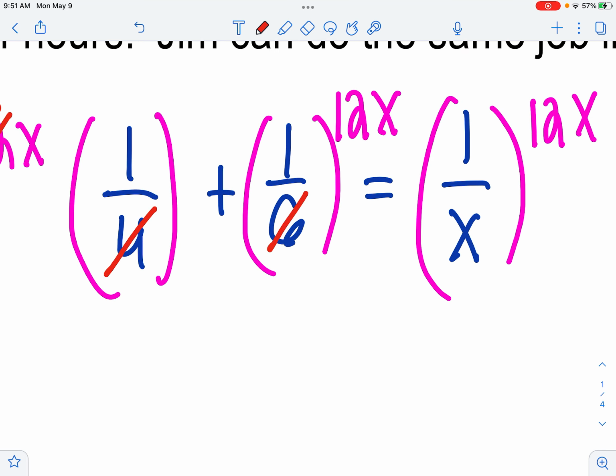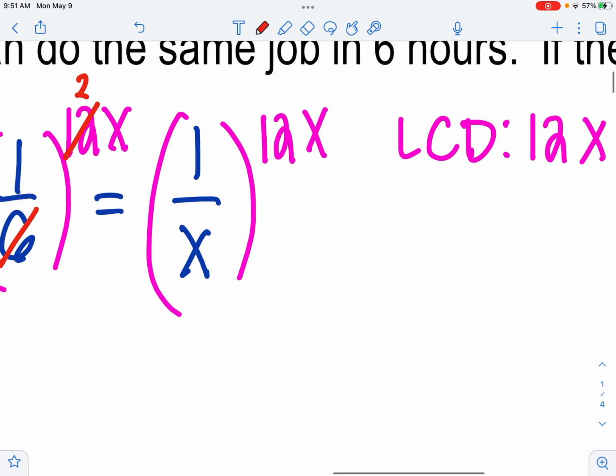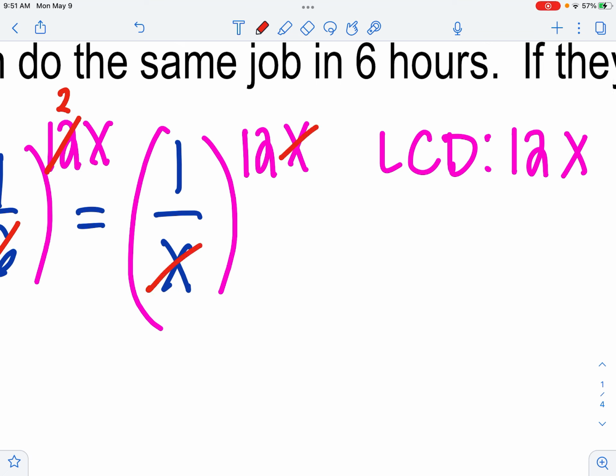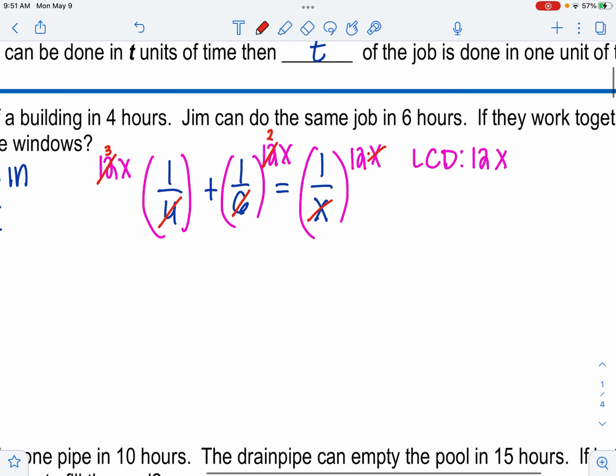Here, 6 goes into itself once, 6 goes into 12 twice, so that's a 2x. And then x goes into itself once and x goes into itself once. Remember, this is a common factor, so that's why we can cancel the x's out. Now we're going to write down what we have left. You should have no denominators left if you got the correct LCD.